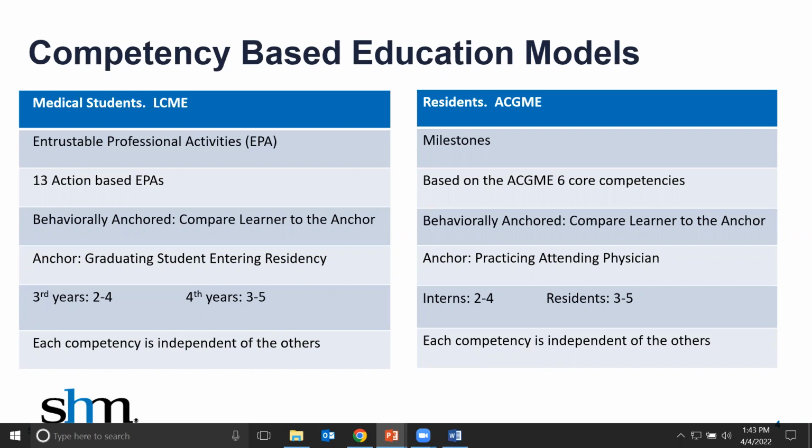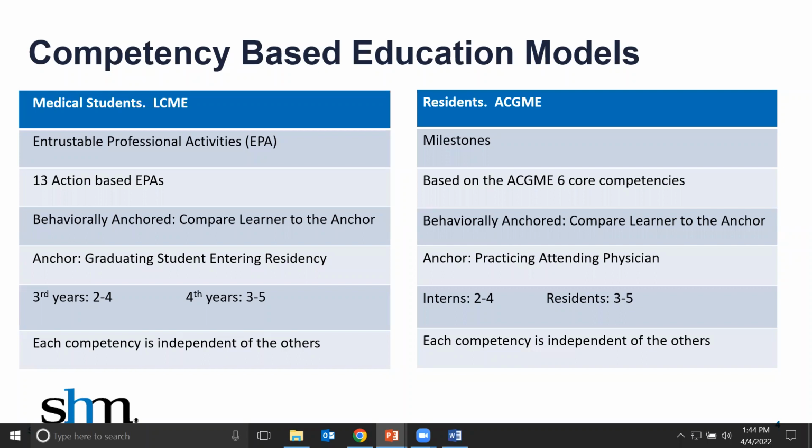For medical students, it's in entrustable professional activities, there are 13 action-based EPAs that are really focused on things that they should complete by the time they're done with medical school and as they transition into starting residency. For the residents, they have milestones, which are based on the ACGME 6 core competencies, and they are actually anchored to what they should know by the time they complete residency and are a practicing physician, so an attending level.